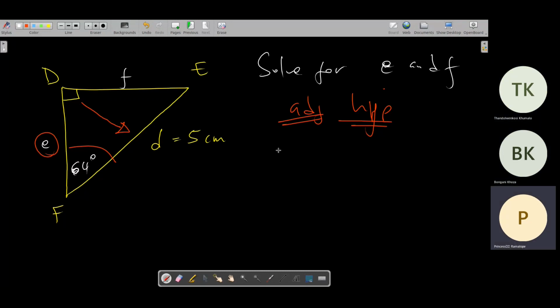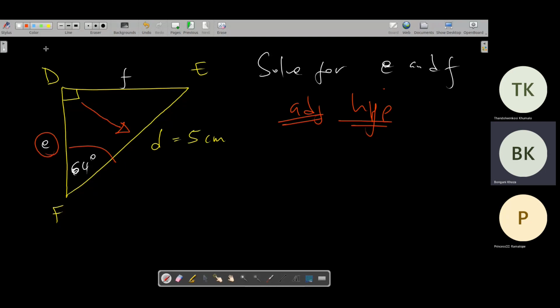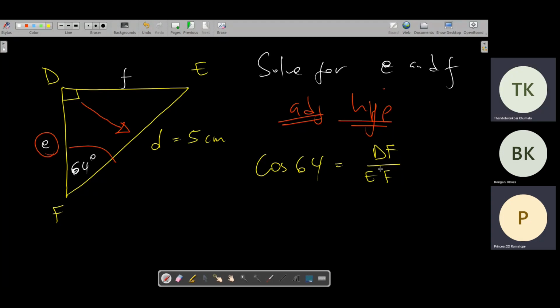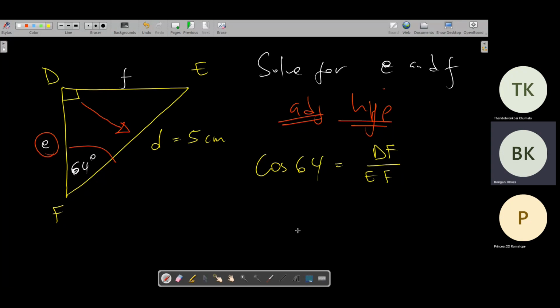Of course, cos. So you'd say cos of 64 equals the adjacent over the hypotenuse. The adjacent is DF, the hypotenuse is EF, like that. Are we good? I wrote FE instead of EF, that's still fine.